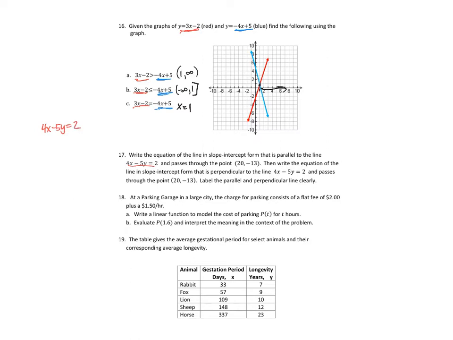We'll subtract the 4x from both sides, and then we'll divide everything by negative 5. When I divide negative 4 by negative 5, I just get positive 4/5 x, minus 2/5, because I got a negative sign there.